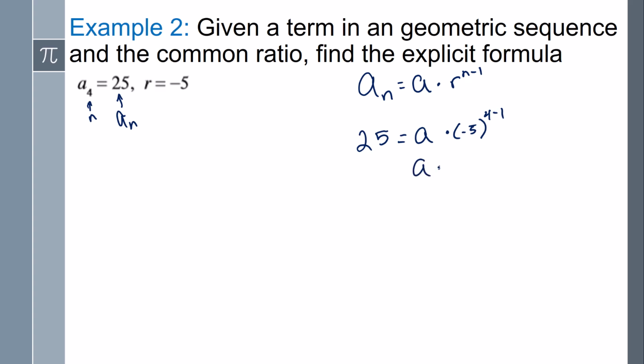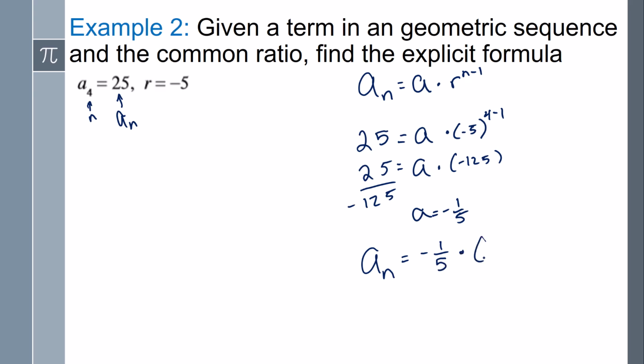So that's going to be negative 5 to the third. That's going to be negative 125. Divide by that. So a is going to equal negative 1/5. So now I can just plug that back in. So a sub n equals negative 1/5 times r to the n minus 1.